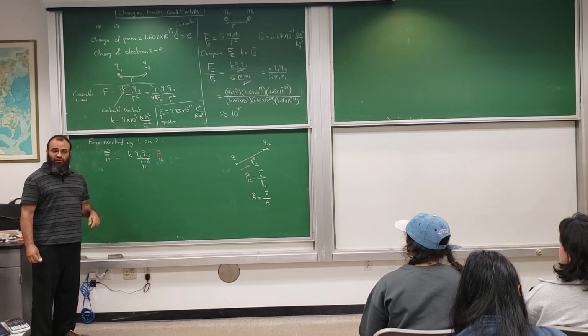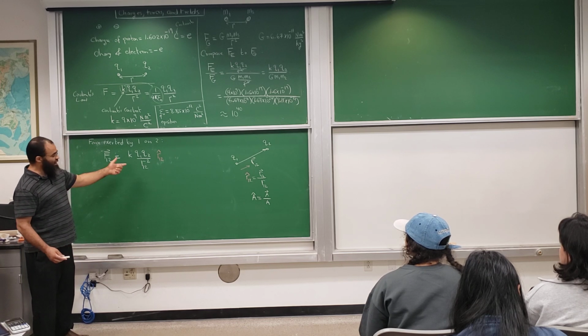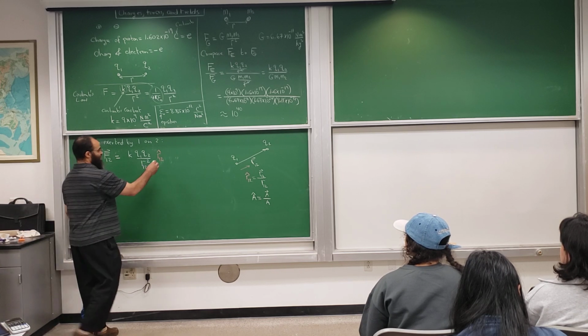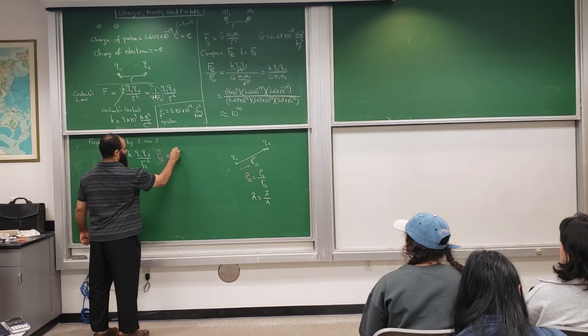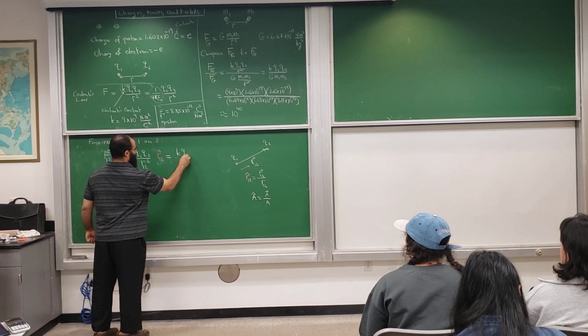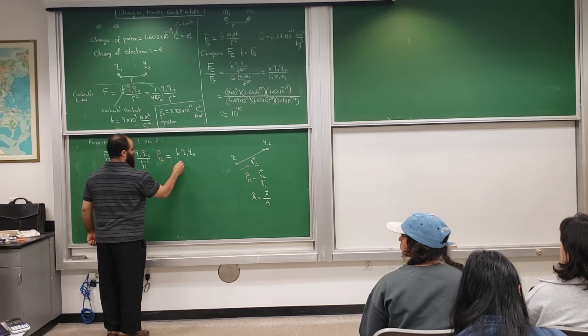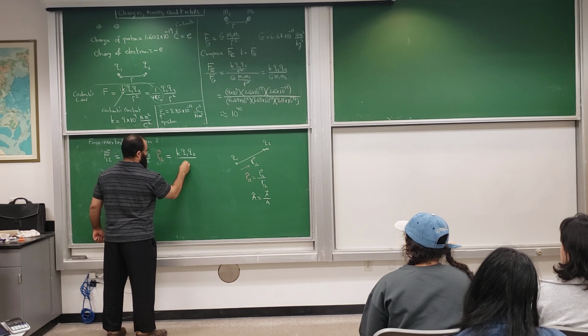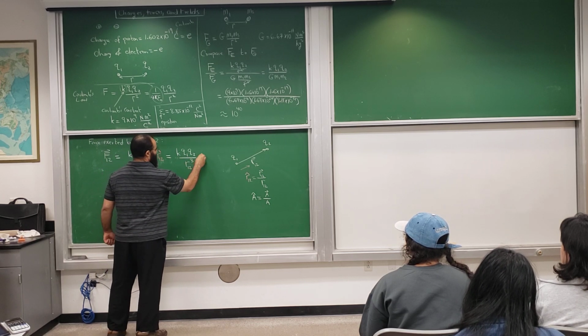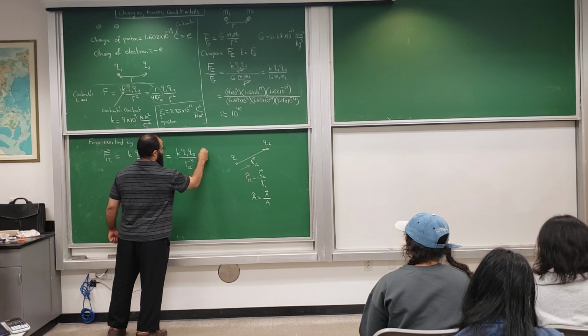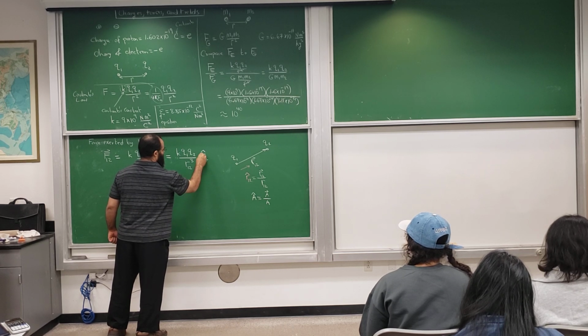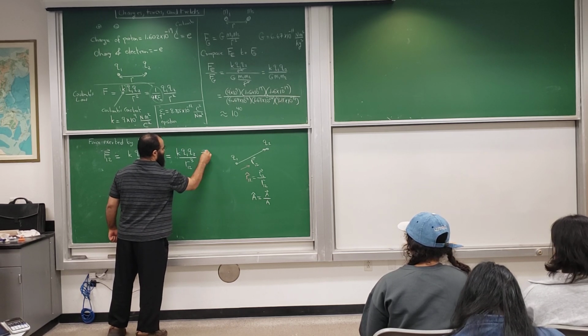Now another way you would see this force is the following way. It's K, Q1, Q2 divided by R12 cubed, and then R12, the vector. Not R12 hat, I'm sorry, R12 the vector.